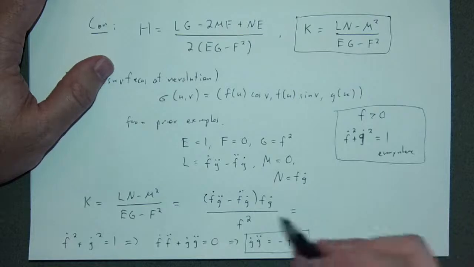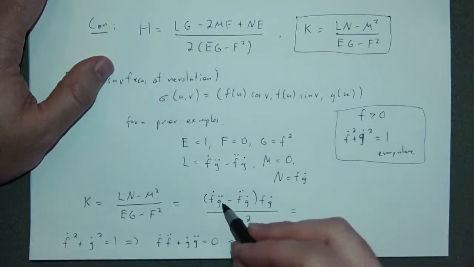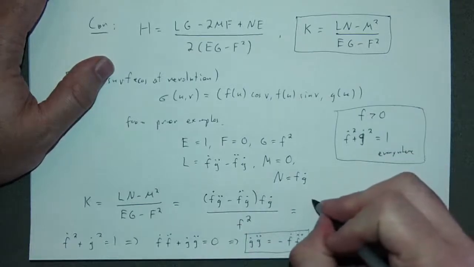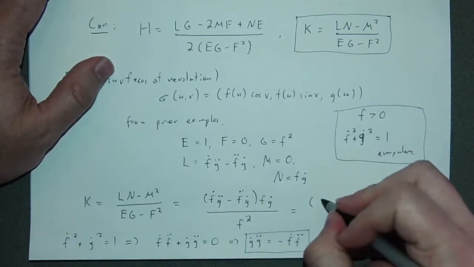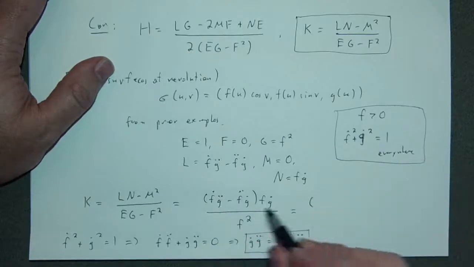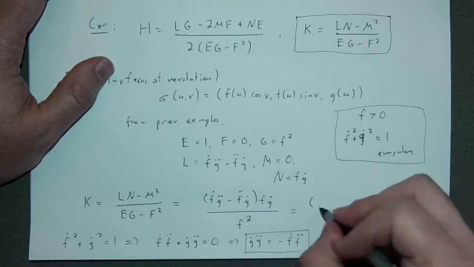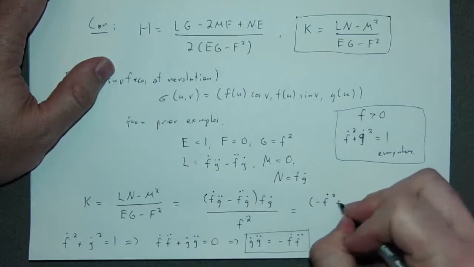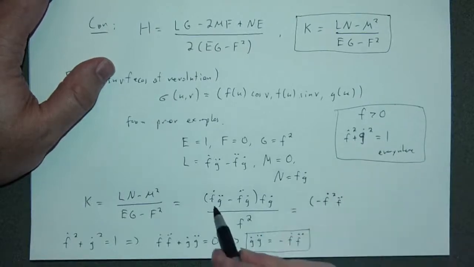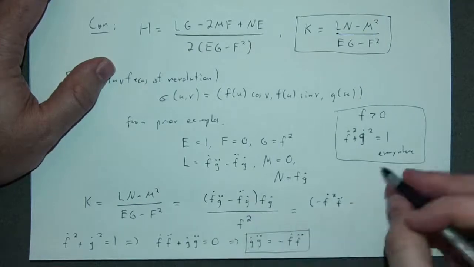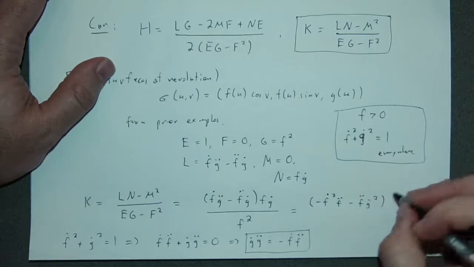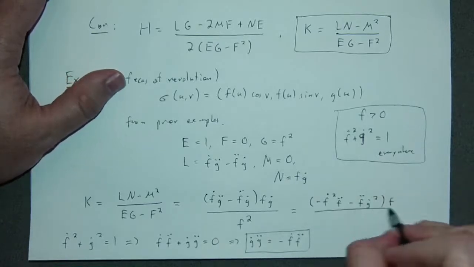This becomes minus f dot squared times f double dot in the first term, minus f double dot g dot squared times f, all over f squared.